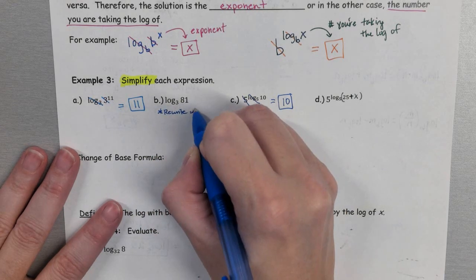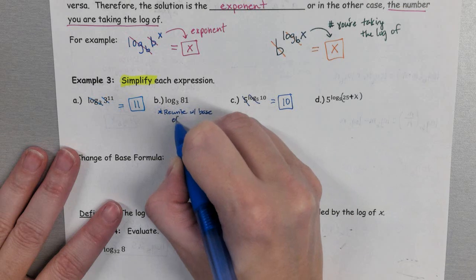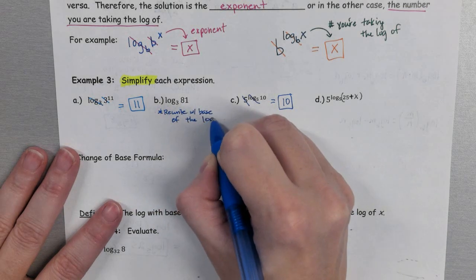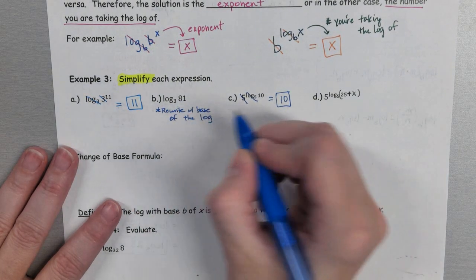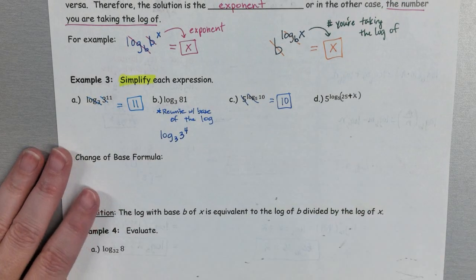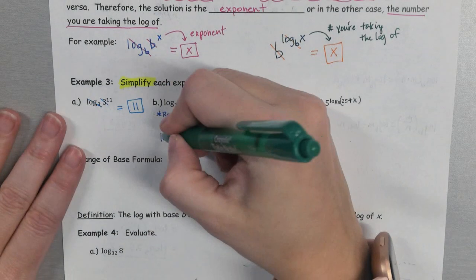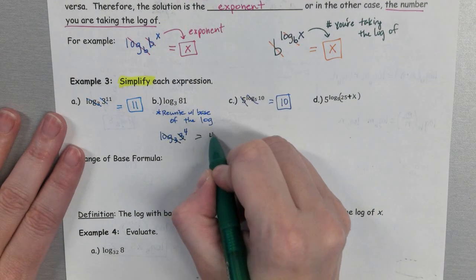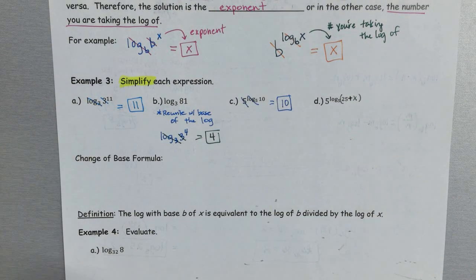Yeah, so rewrite with the base of the log. 3 to what power is 81? 4. Good. So it's 3 to the 4th. So then log base 3 and 3 cancel out, and now you're left with 4.